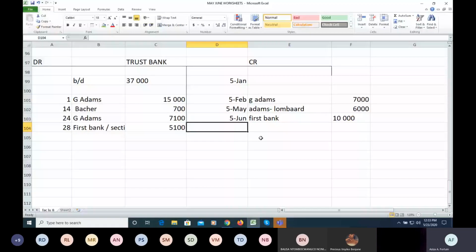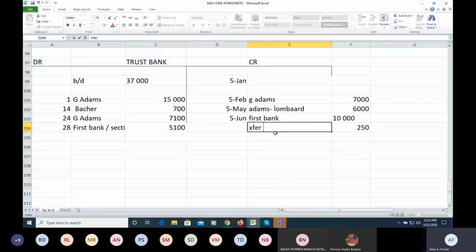So only the 250 is going to be paid. And there is the transfer to buffer on the 14th.